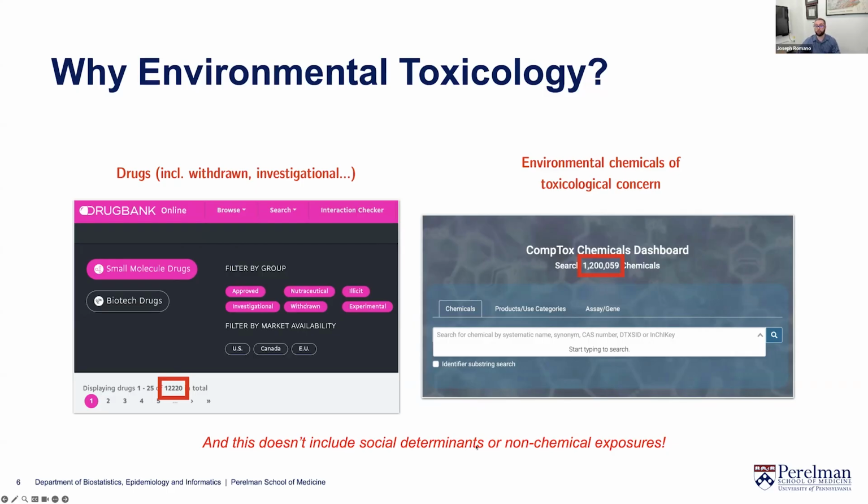So the actual problem space is bigger than that. And we need to start thinking about ways that we can prioritize these chemicals and these exposure types using things like computational approaches to give us a leg up and help us in the basic science setting focus on the things that are most likely to return promising and useful results.